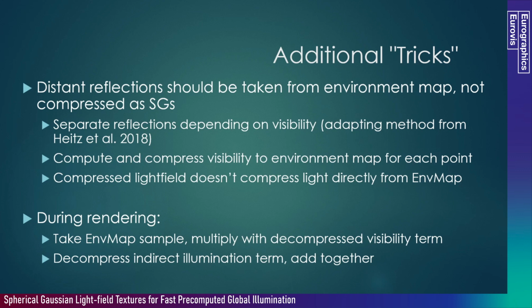The light field in this precomputation does not represent the environment, although it uses it as a light source when calculating light coming from other sources. This convolved visibility is then compressed in a similar way as the indirect illumination. When used in the real-time application, the reflected direction on the surface is used to sample the environment map, preconvolved to account for the material's BRDF, and that value is multiplied with the reconstructed visibility. This is then added to the reconstructed light field. More details on how this is accomplished can be found in our paper.